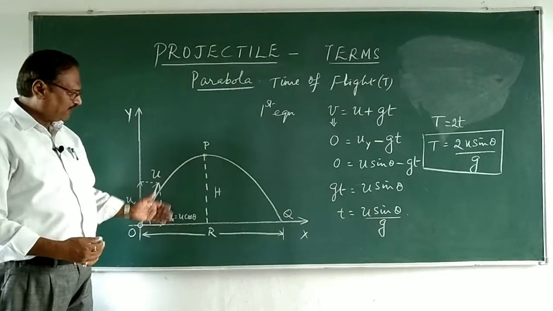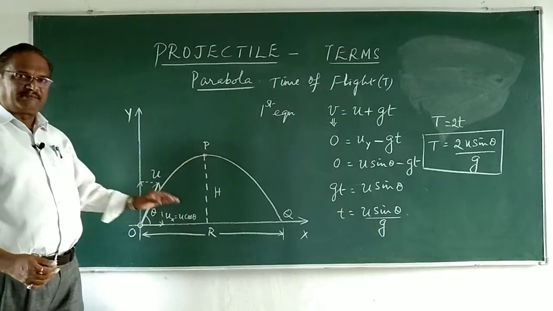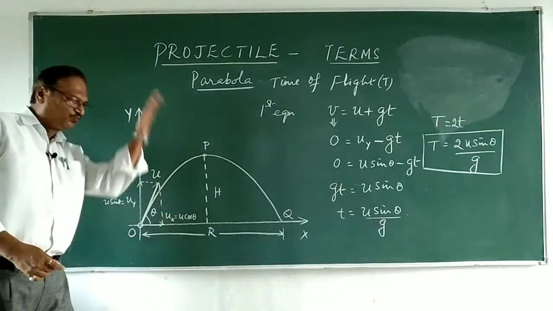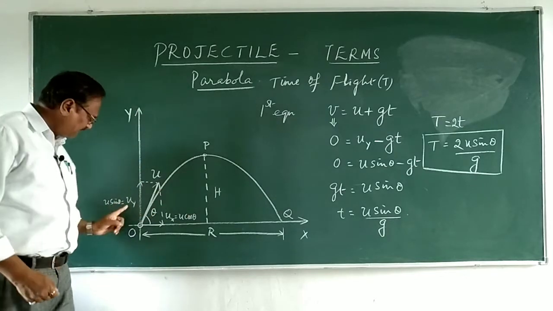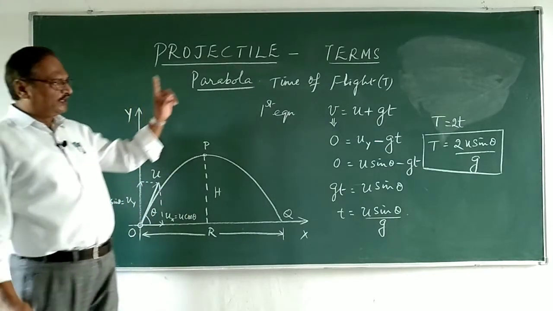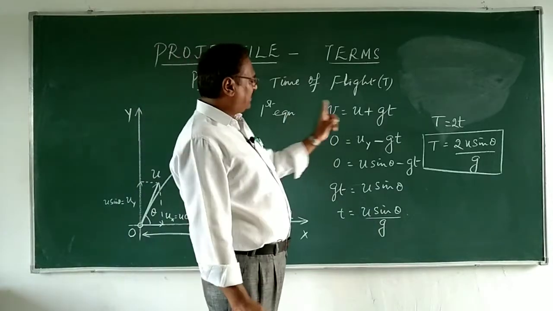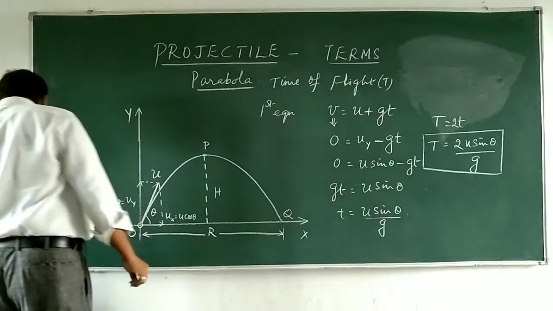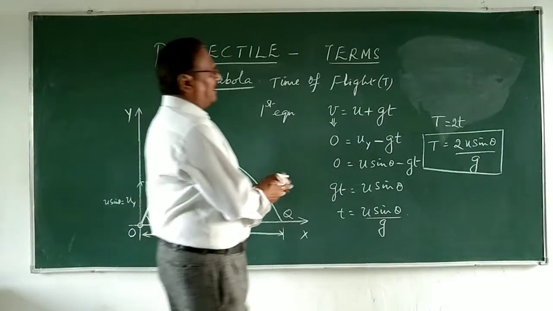I hope you understand. We have taken the point P, the maximum point, where the velocity is 0, and initially it is moving with a particular velocity, which is the vertical component. So I have substituted it, taken the first equation of motion, and derived the formula for the time of flight.